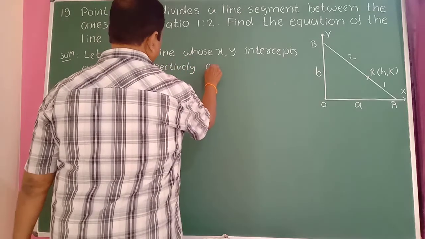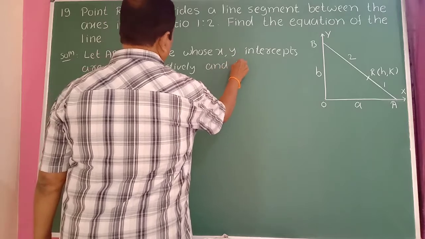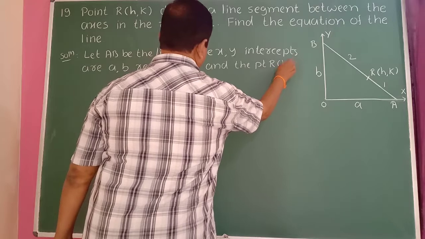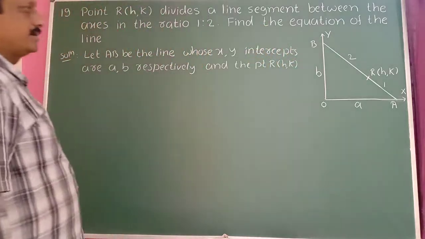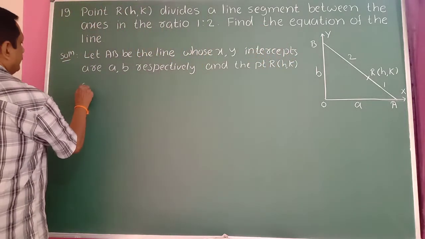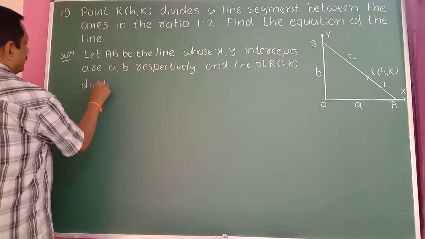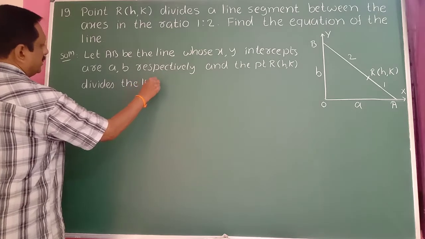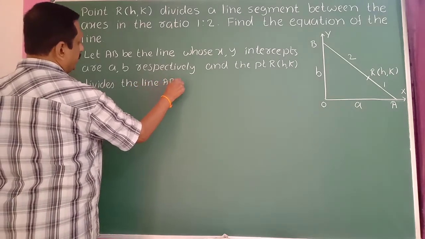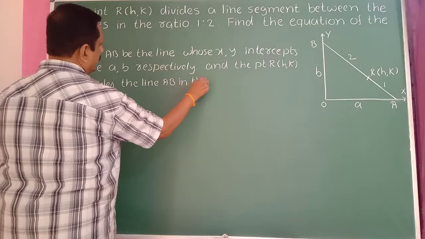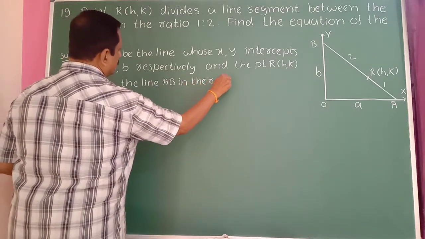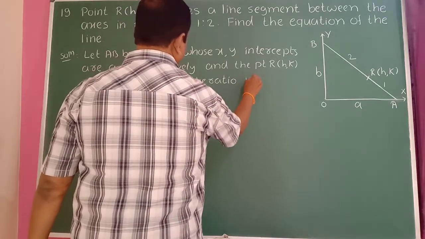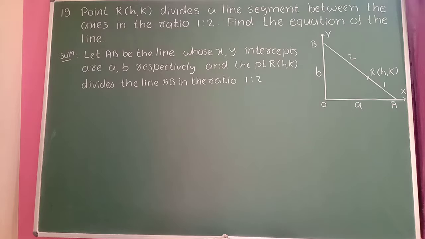And the point R(h, k) divides the line AB in the ratio 1:2 here. In the ratio 1:2. Okay.